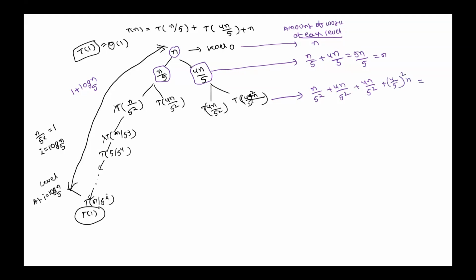What is this value? It is the same as, taking 25 as LCM, we get 1 plus 4n plus 4n plus 16n, that is 25n by 25. Is it same as n? Is that correct, brother?